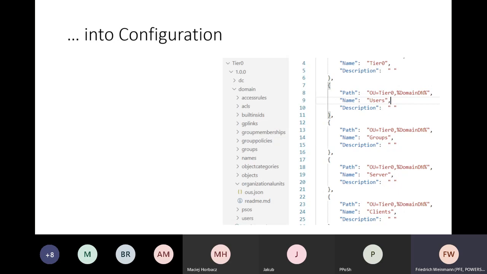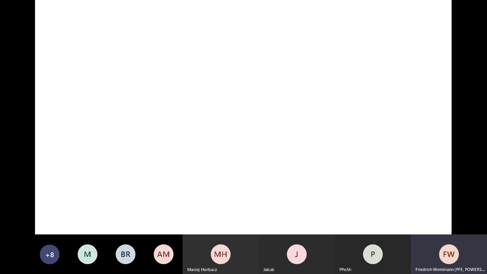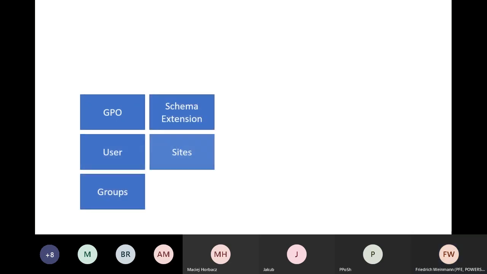And this applies to a growing number of aspects of Active Directory. So you can define access rules, ACL, group policy links, group policy objects, group memberships, group security delegation, schema extension, sites, subnets, site links, all without writing a single line of code anymore. So we can define all these nice objects.